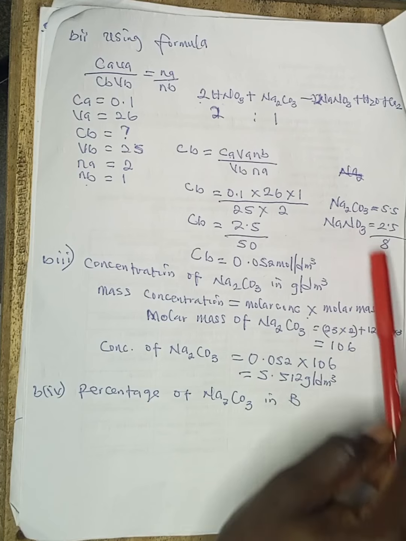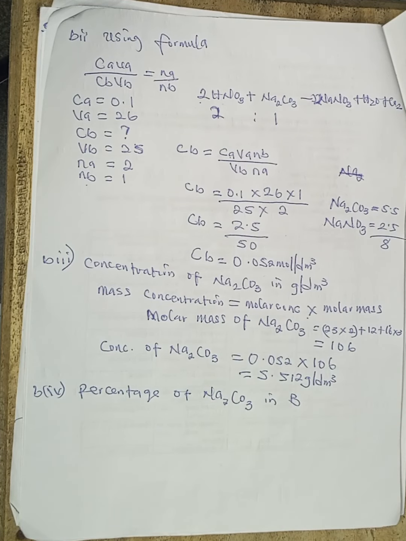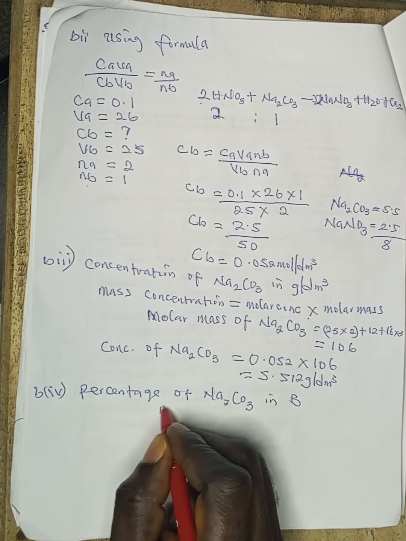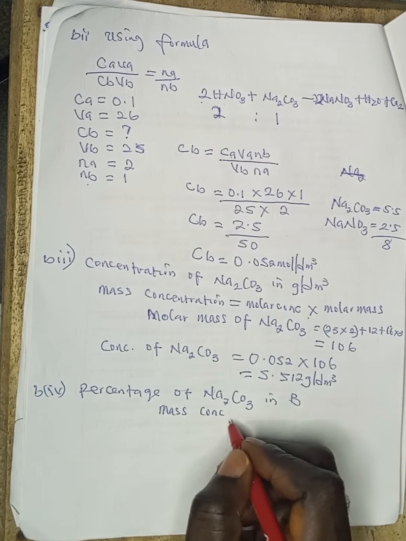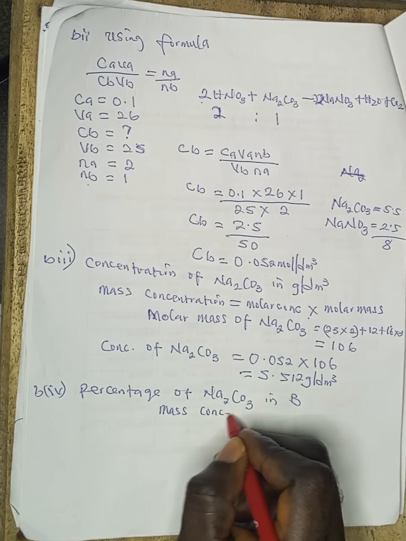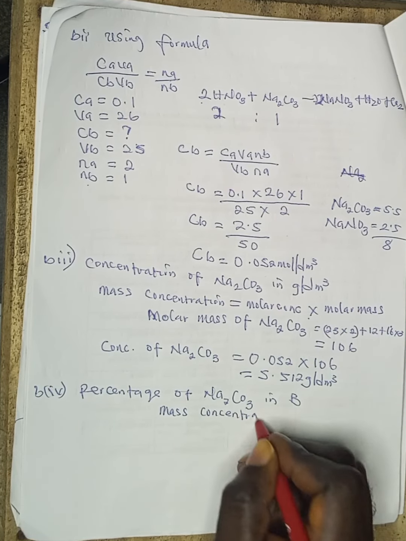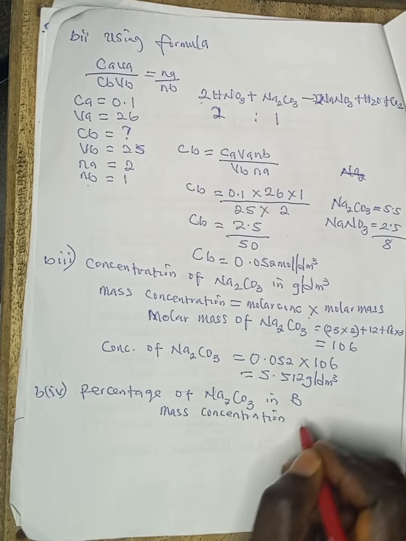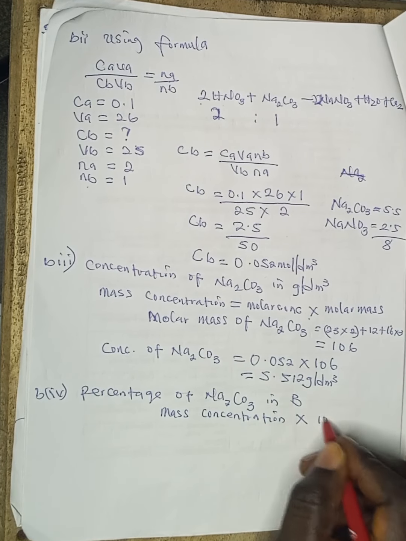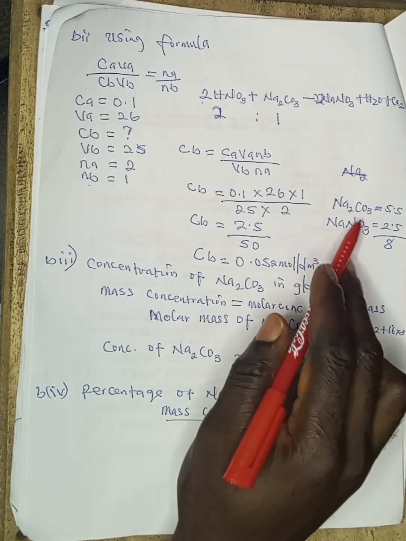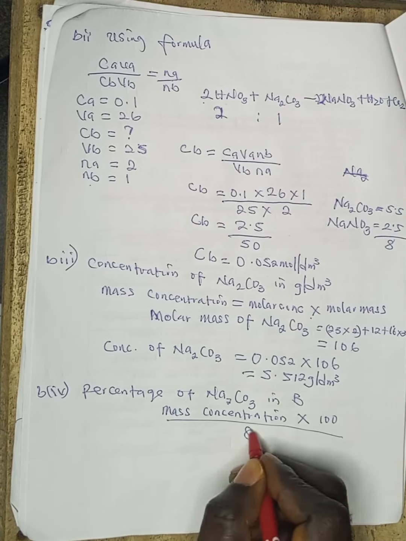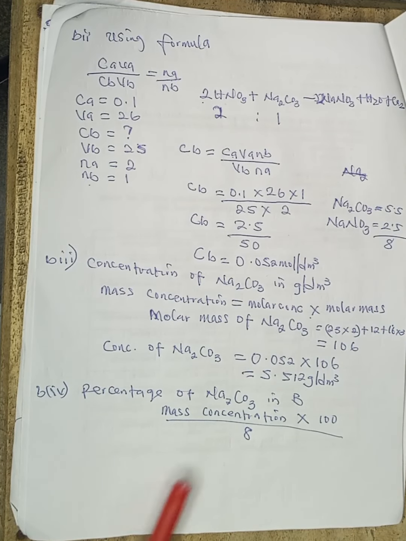And the formula you are going to use is mass concentration, that is concentration in grams per DMQ, times 100 divided by the mixture, which is 8. You understand? The mixture of the 2.